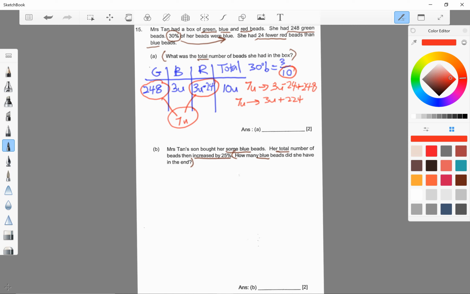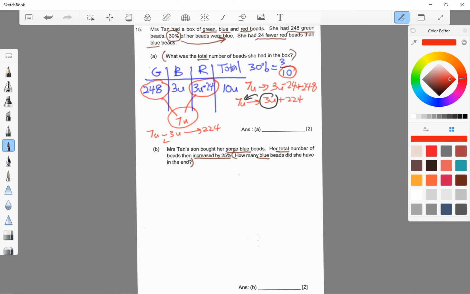So basically if I have a negative 24, adding 248, the final outcome is positive 224. And I need to shift the 3 units over to the other side. So this will mean that my answer will be 7 units, subtract away 3 units, to be the same as 224.